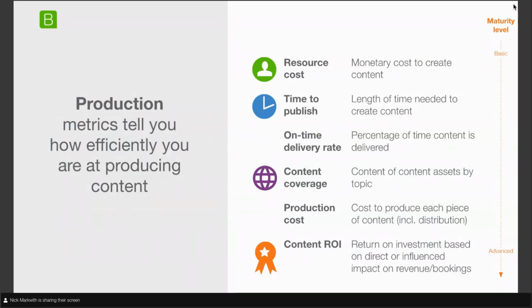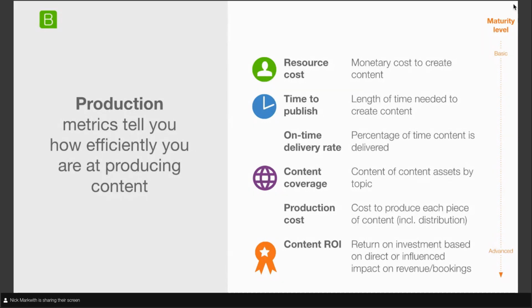So first off, production metrics. Production metrics really tell you how efficiently you are creating content, and really the cost behind creating content. A lot of this is related to the resource being put in versus the output.